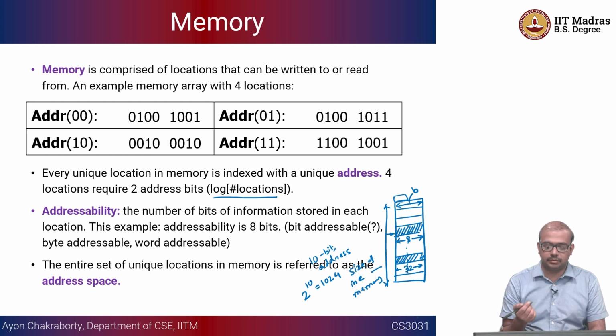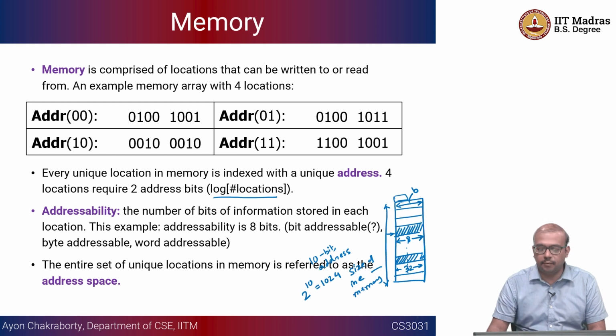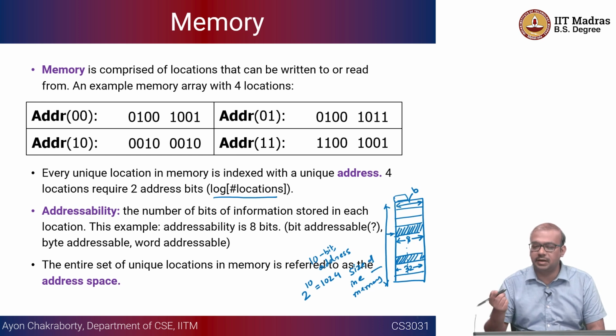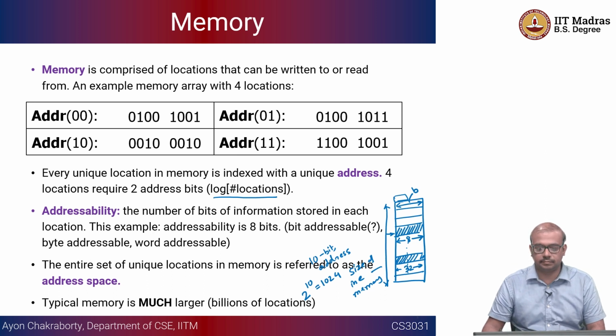If you have a 32-bit, 4-byte addressability, in that case it will become 4 kilobytes, because at every location you are going to have 4 bytes and totally there are 1 kilo locations. Typical memory will be much larger. It will have maybe billions of locations, so gigabytes and so on.